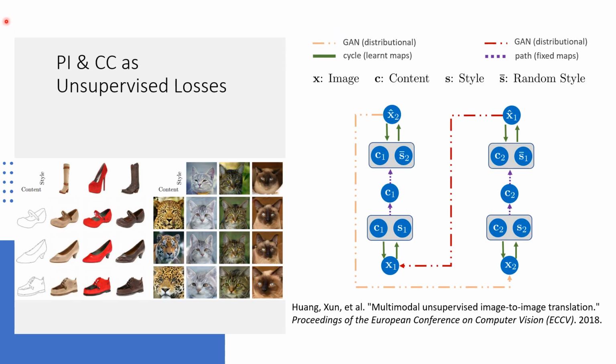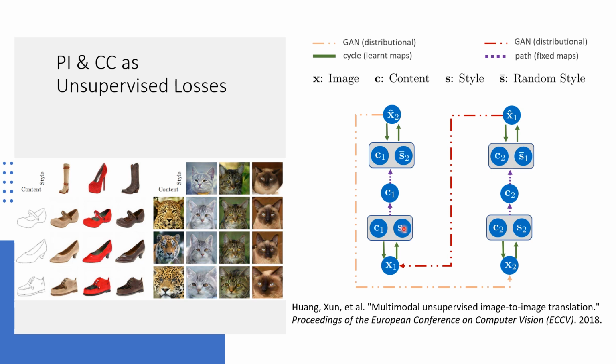Now let's move on to another application, which is quite interesting. It's a style transfer one. Here I have two images, or I can have more, and I start from the first and generate two codes, content and style.